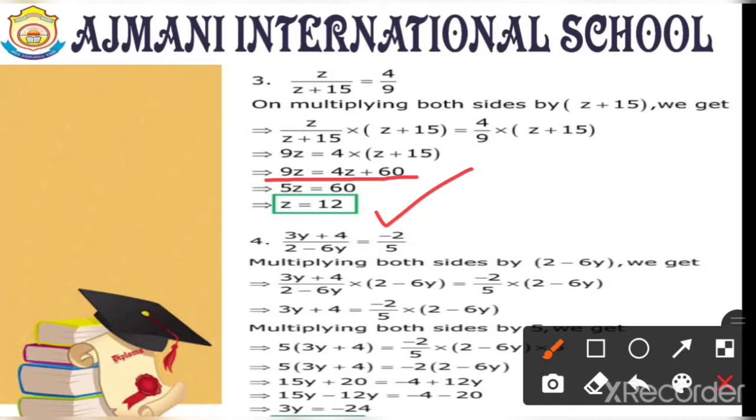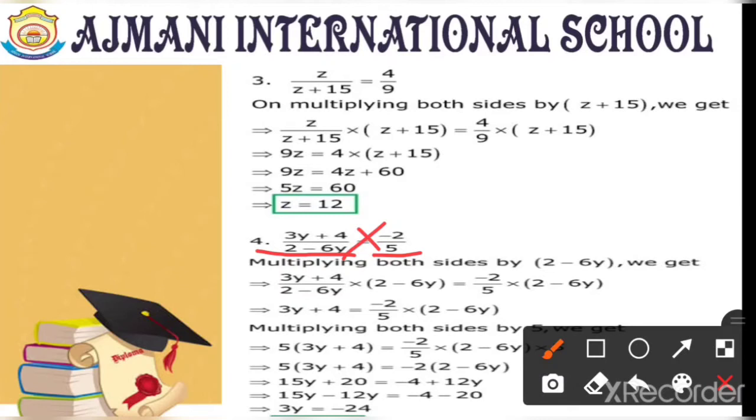equal to 12. The next question, question number 4 is (3y plus 4) upon (2 minus 6y) is equal to minus 2 by 5. Very easy. Just do the cross multiplication. Send 5 in the multiplication of LHS and 2 minus 6y into the multiplication of RHS.